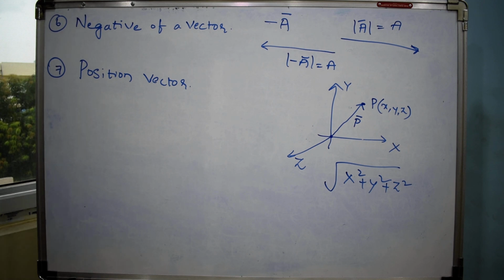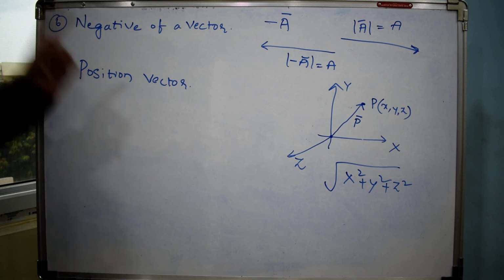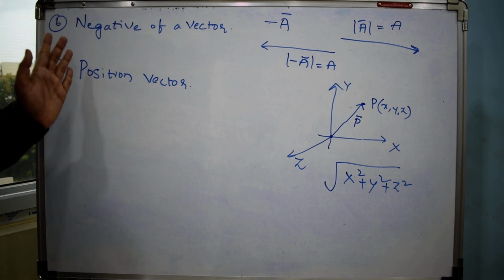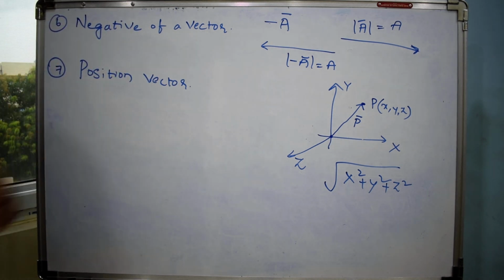And next what we will be discussing is how to find the resultant of two vectors, or simply the sum of two vectors. In the previous example I explained, when I had two beakers filled with liquid, the total volume is the sum of the volumes in the individual beakers.